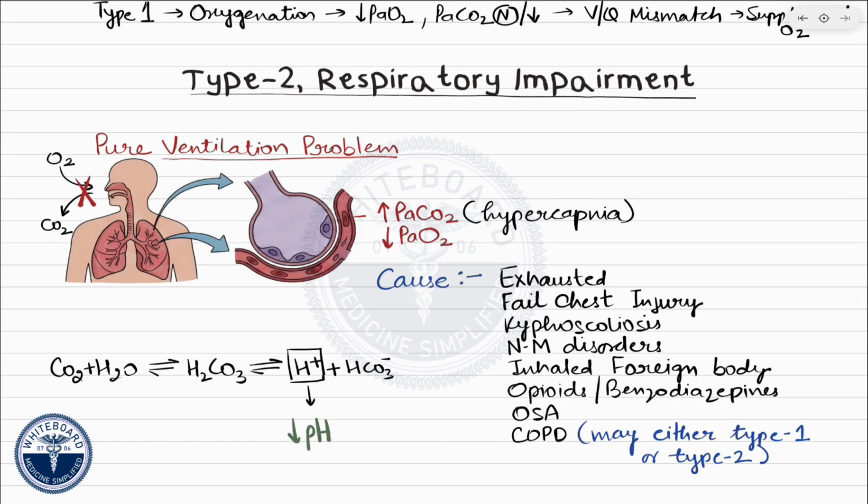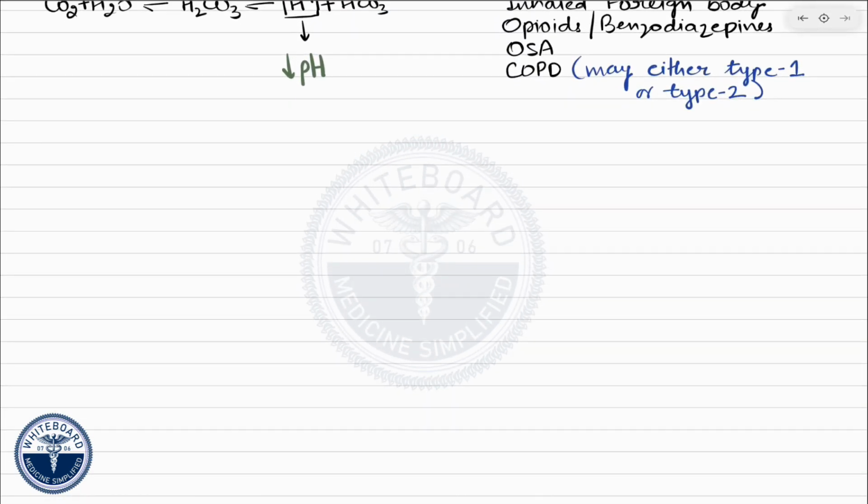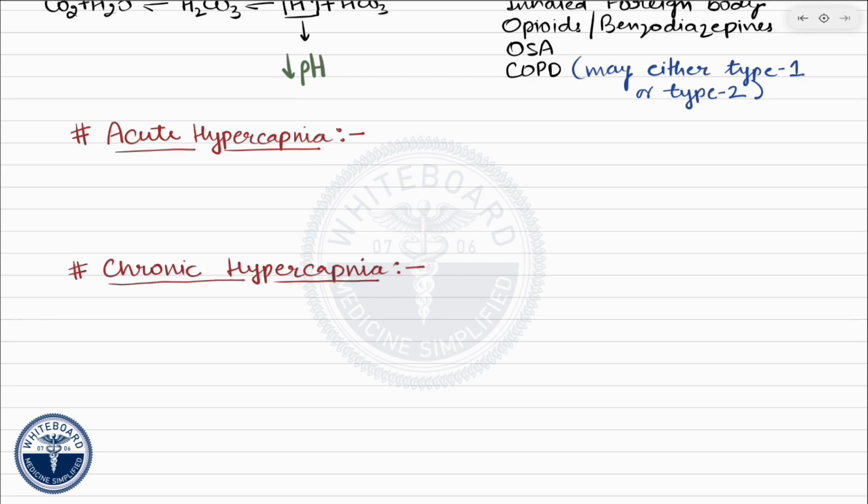This is particularly dangerous when the rise in PaCO₂ is acute. However, if the patient has had a high PaCO₂ for a long time, the kidneys have time to compensate by retaining more bicarbonate. Therefore, in chronic type 2 respiratory impairment, PaCO₂ is high, but bicarbonate also increases, helping to bring the pH closer to normal.